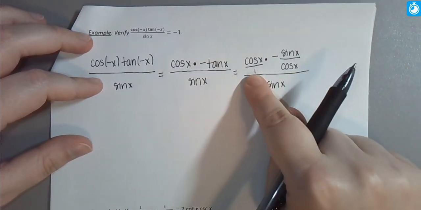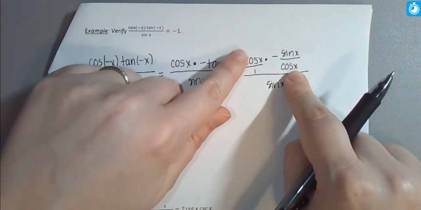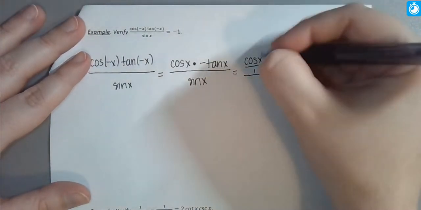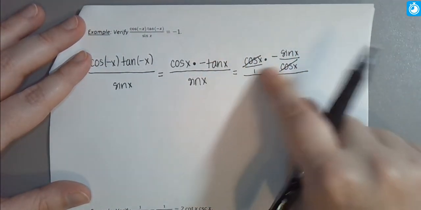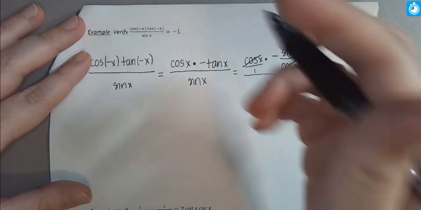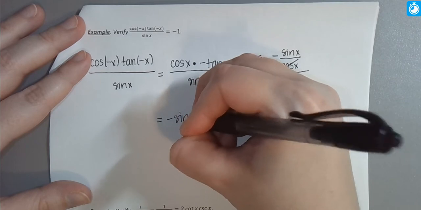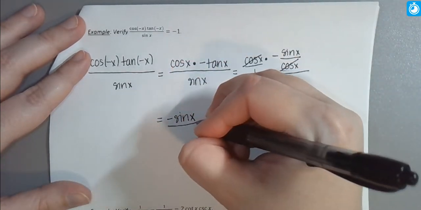The benefit of thinking of cosine in that way is now we have two fractions. One has a numerator of cosine, one has a denominator, which means that common factor divides out, reduces to 1. Which means all we're left with in our numerator is going to be a negative sign. So negative sine x. And then our denominator, we just have sine x.